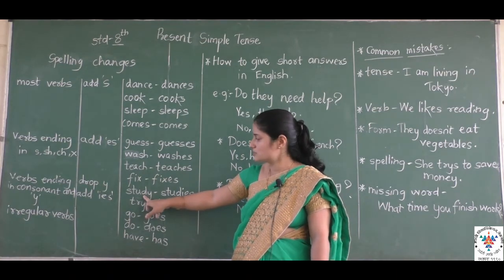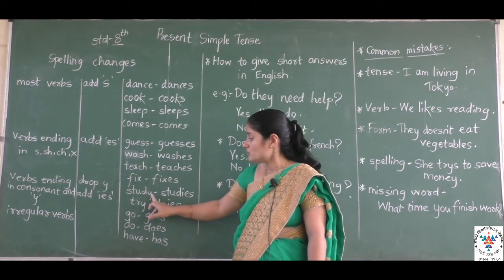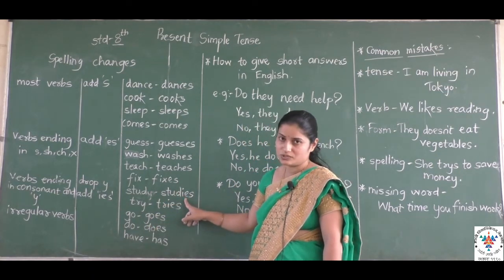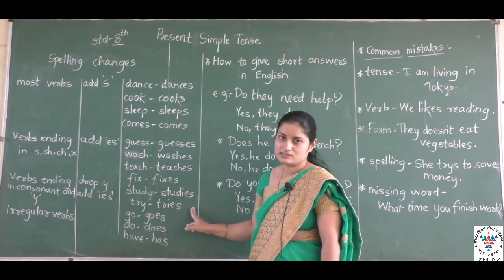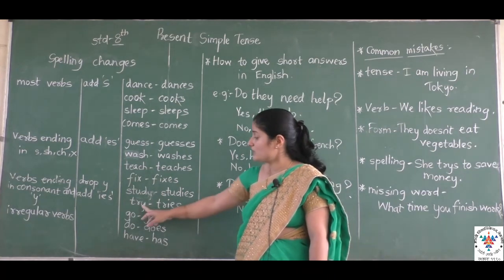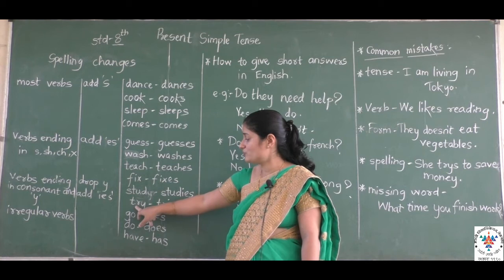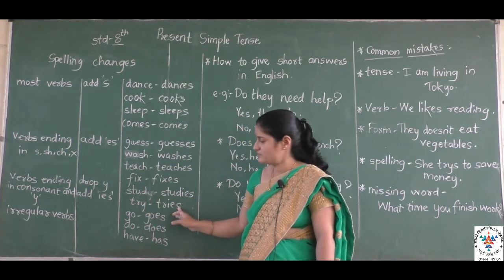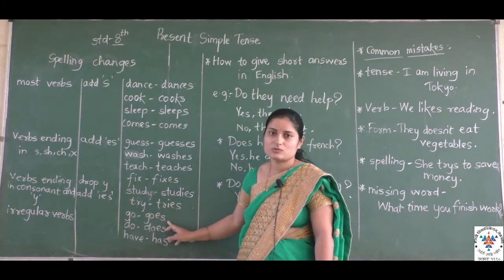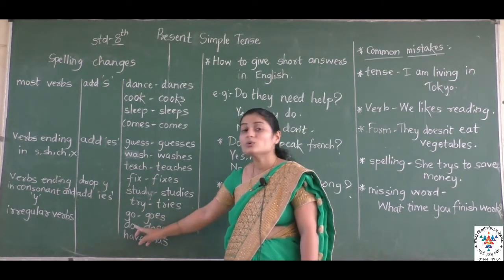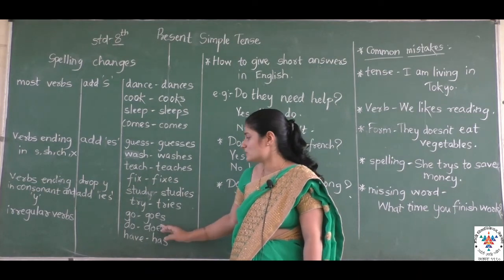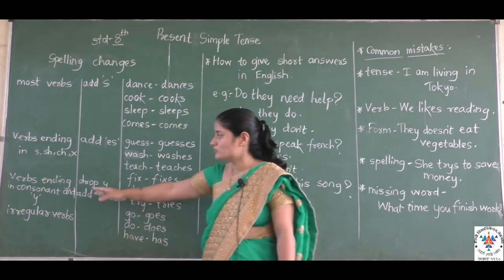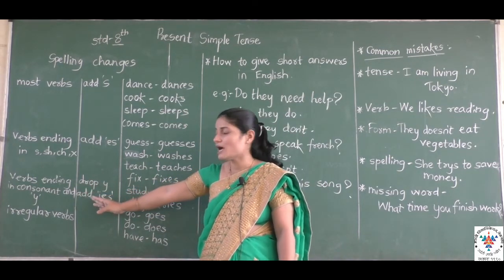You should drop this y and add ies to it. So study becomes studies. Try: here y is there and before that a consonant, so tries. Try, tries. These are examples of verbs ending in consonant and y.